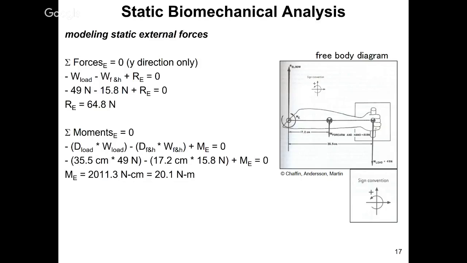Torque, I refer to it as torque. Technically it's moments, but they're basically the same thing. It's a force, but it's a rotational force. So we take the distance times the force, or the distance times the weight. The weight here is mass times gravity.